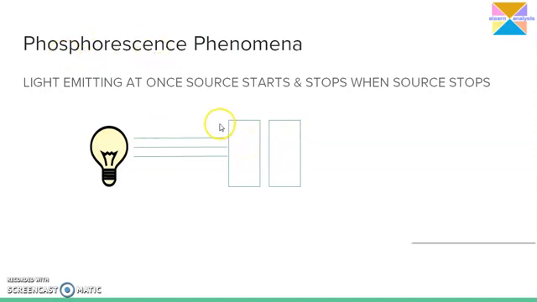Whereas phosphorescence, as I said, is a delayed fluorescence phenomenon. When I put on the source of radiation, the phosphorescence starts. When I put off this source, I have now put off the source, but still there is emission happening. So we call this delayed fluorescence, or phosphorescence. That is the difference between fluorescence and phosphorescence.